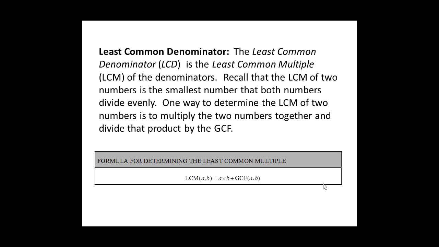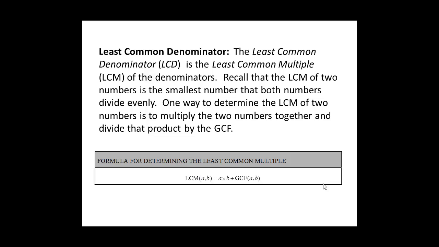Least common denominators. We're going to learn 2 methods for finding least common denominators. We'll start with method 1. The least common denominator, or LCD, is the least common multiple of the denominators.